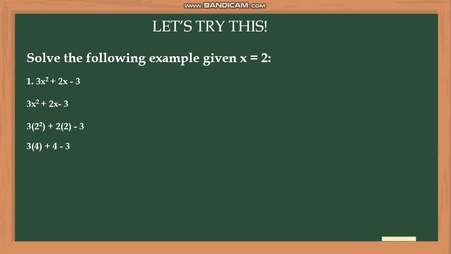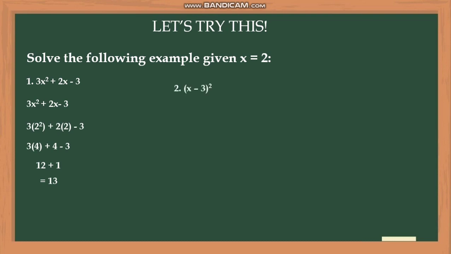Then do the mathematical operation. We have 3 times 4, it will be equal to 12. And 4 minus 3, it will equal to 1. So 12 plus 1 is equal to 13. So we get the answer. In 3x squared plus 2x minus 3, if x is equal to 2, the answer will be 13. Did you get it?